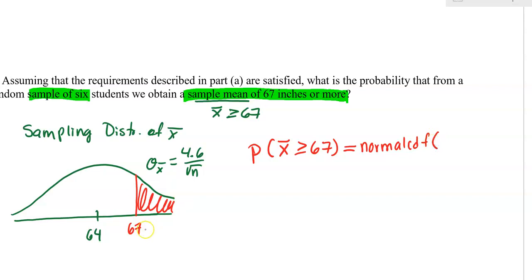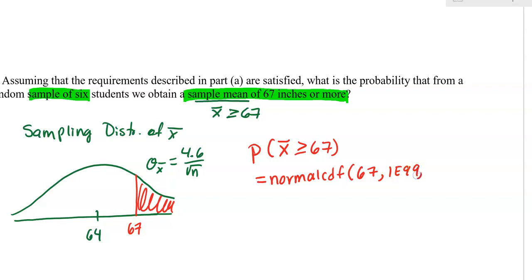Our lower bound for the shaded region is 67. The upper bound will be, I think it's not going to fit in here, so let me go ahead and write it down here. Normal CDF, lower bound is 67, upper bound of 1E99, or you can use just 9999999.